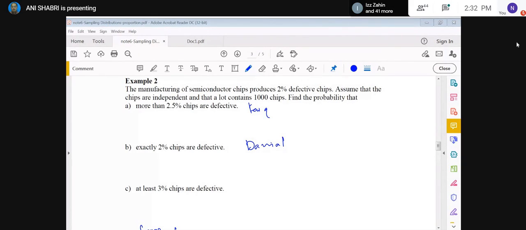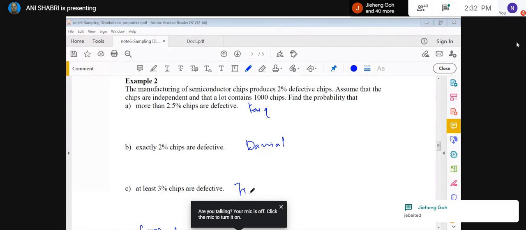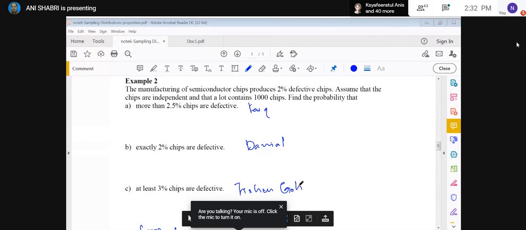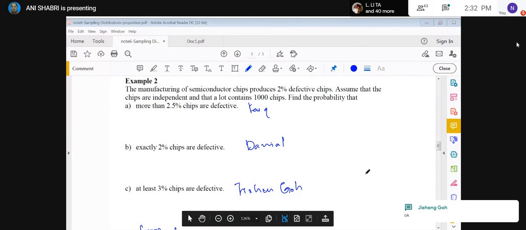Mana satu doktor? Awak Muhammad Daniel. Jianggo C, Jianggo dah ada.